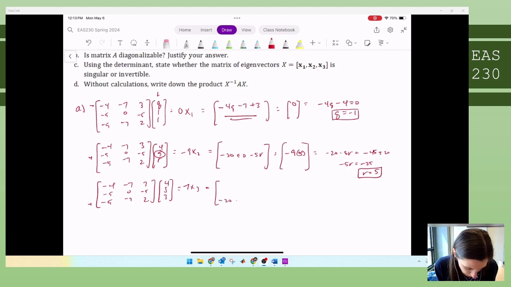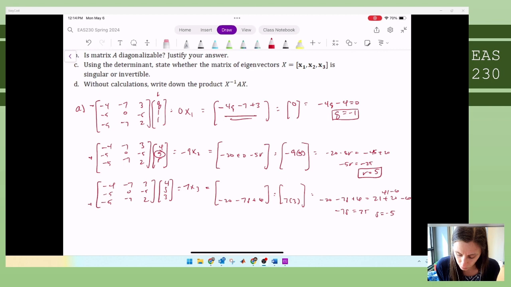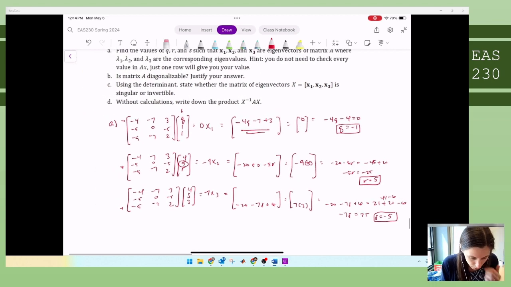So negative 20 minus 7s plus 6, and that should equal 7, not negative 7, 7 times 3. So that means negative 20 minus 7s plus 6 equals 21. So plus 20 minus 6. Negative 7s equals 35. S equals negative 5. There we go. So that's part 1.